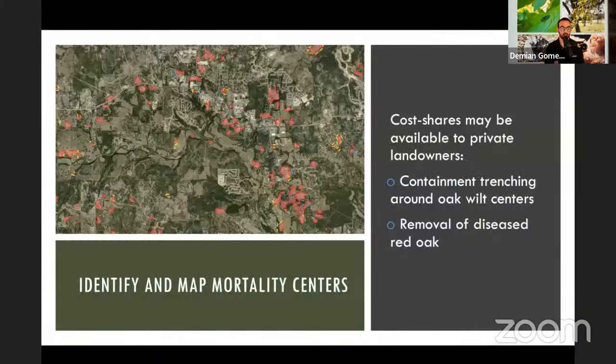So basically, the process is that we identify and map all the mortality centers across Texas. And in some cases, for example, for containment trenching, and also for removal of the diseased red oaks, we provide different cost shares, which basically means that landowners will do the treatment, and we cover part of those costs.